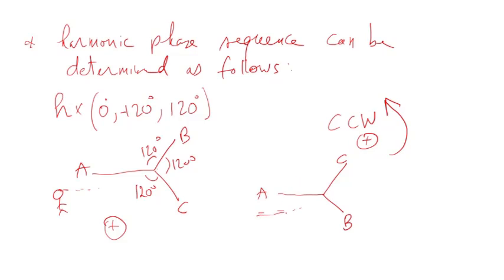So if you assume there's a line here, A will cross the line first, C will cross second, then B will cross third.